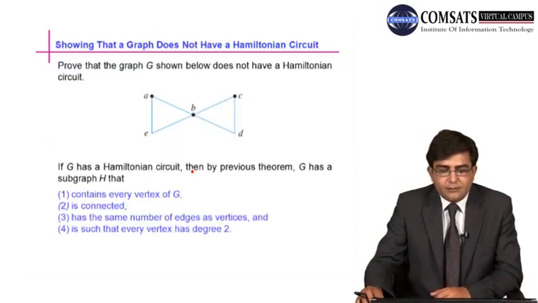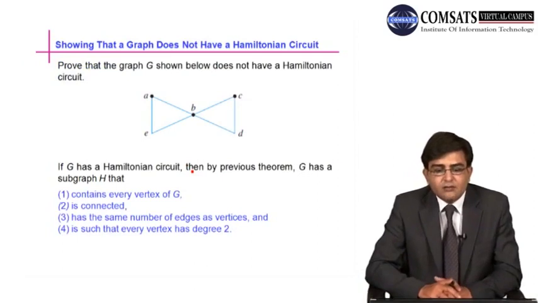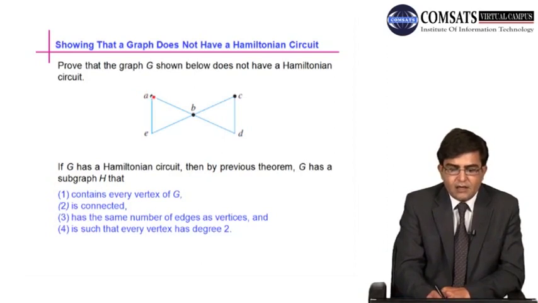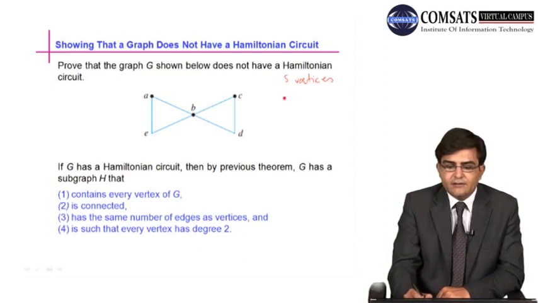For example, here we have to show that a given graph G doesn't have a Hamiltonian circuit. Prove that the graph G shown below doesn't have a Hamiltonian circuit. The graph is given, there are basically A, B, C, D, E. There are 5 vertices and 6 edges.